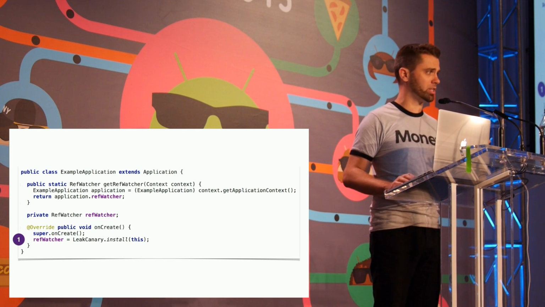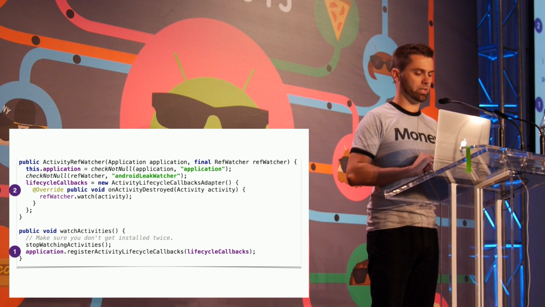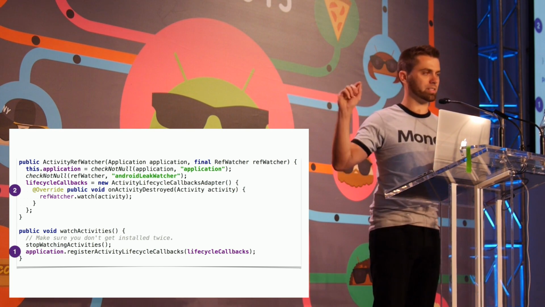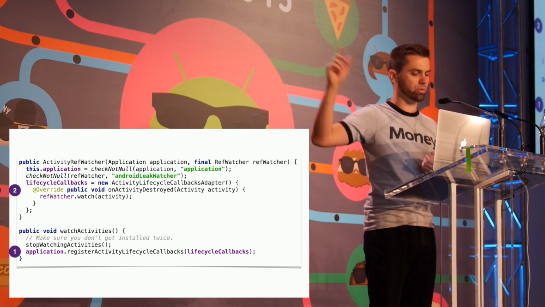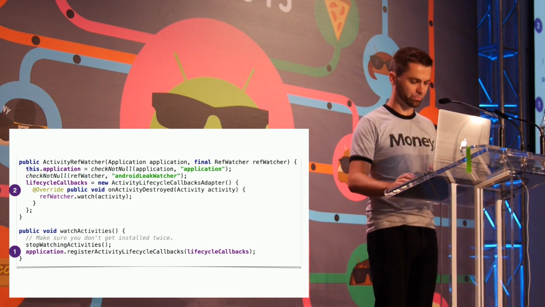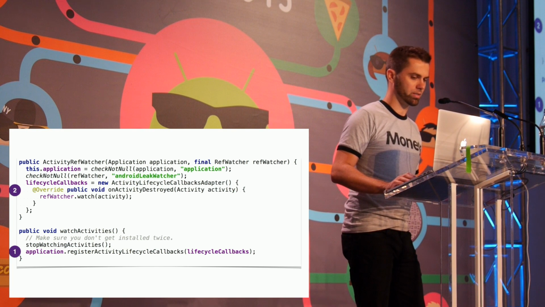And it works with any object, not just activities. Then the second thing we do is we listen to the activity lifecycle. So that's on 1. And then when onDestroy is called, you can see on 2, we pass the activity instance to this ref watcher. All right, so how does that work?